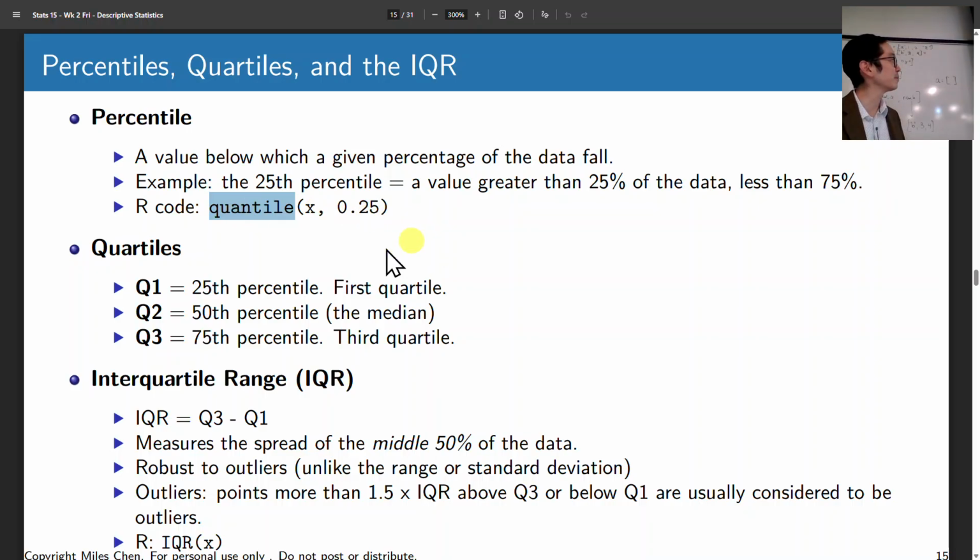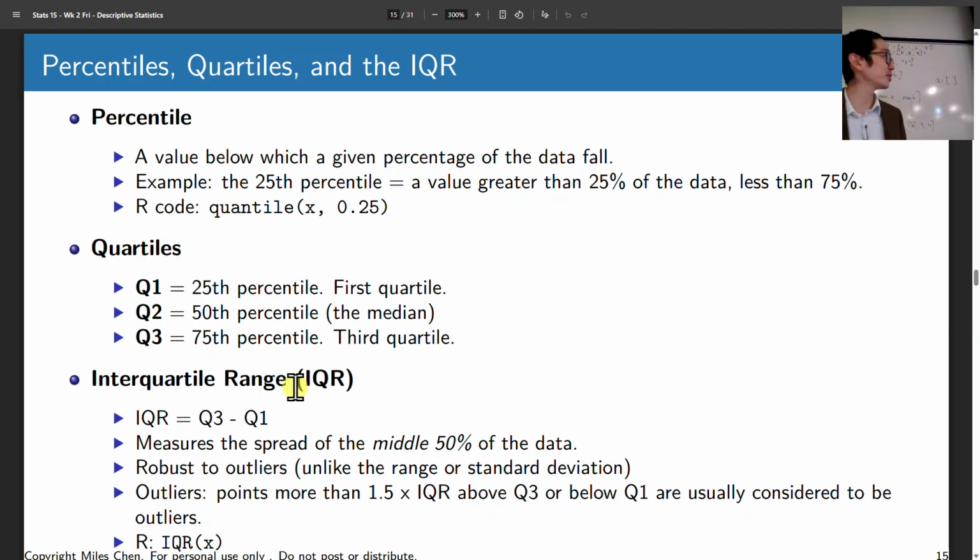You have a vector x, and you say, hey, give me the 0.25 quantile, and that will give you the 25th percentile. And then we have special names for the different quarters: 25th percentile, 50th percentile, 75th percentile. We call the 25th percentile the first quartile. The 50th percentile, you could call it the second quartile, but we generally just call it the median.